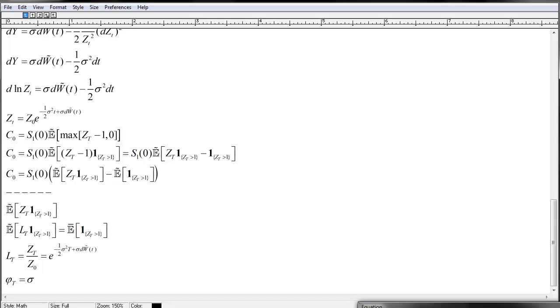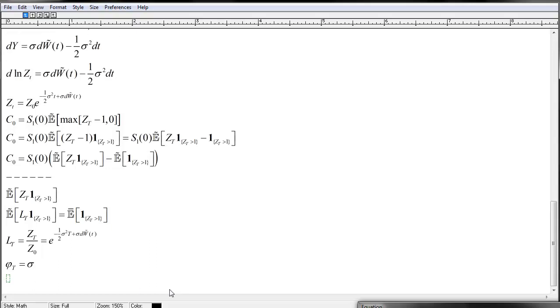Using this representation, I can introduce a new Brownian motion under this measure, which is defined as follows. The original Brownian motion under a risk neutral measure times the kernel, which is sigma, times dt, plus the differential of the new Brownian motion.